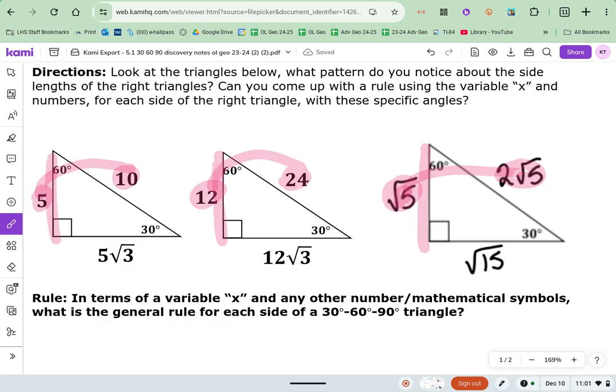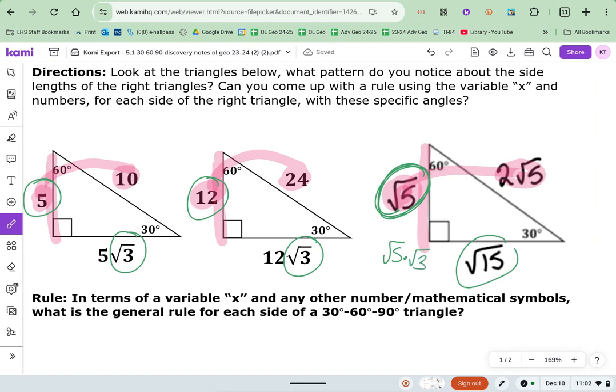Okay, so you're using the number on the leg, and then you're multiplying by root 3. Yeah, so you take whatever's on your short leg and multiply by root 3. And same thing on the triangle on the right: we take whatever's on our short leg and multiply by root 3, because root 5 times root 3 is just root 15.